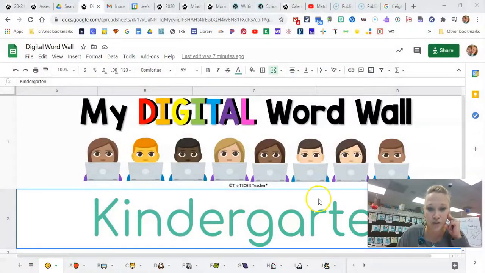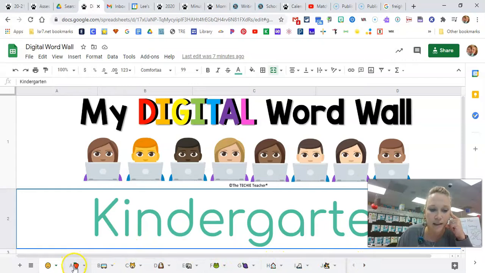So I'm going to share my screen. And this is my digital word wall. I actually have this linked into your assignment today. If you look down here, this is the front page, my digital word wall. This is for kindergarten. Notice all of our little friends are on their Chromebook. And if you look down here at the bottom, you're going to see some letters.